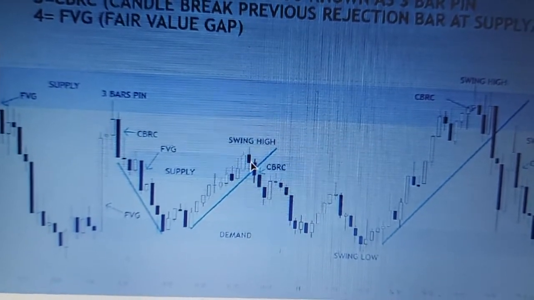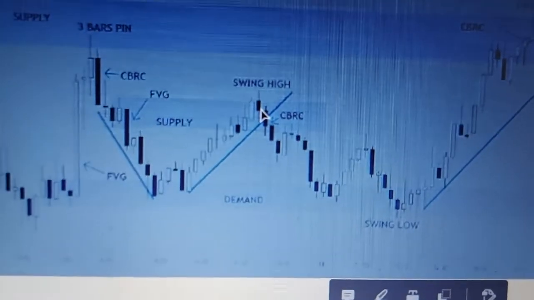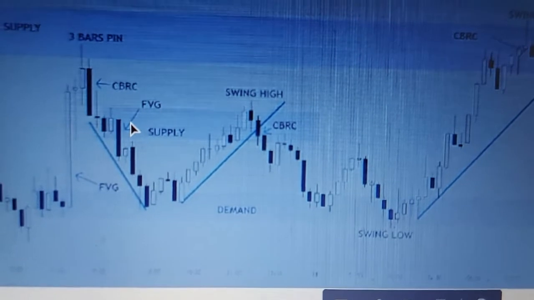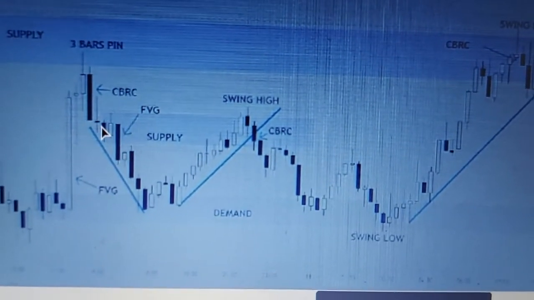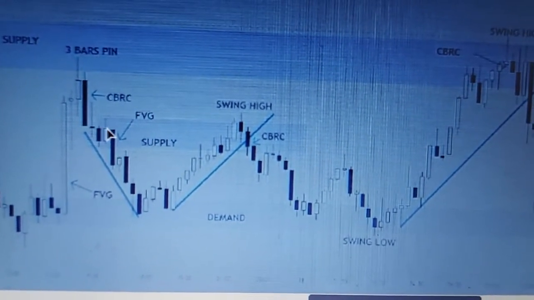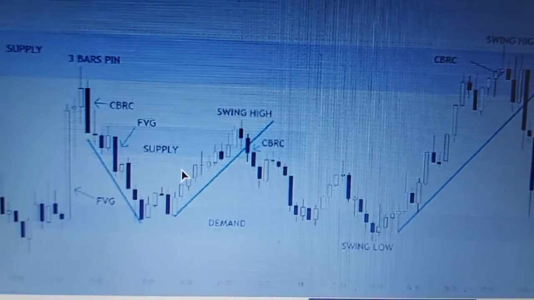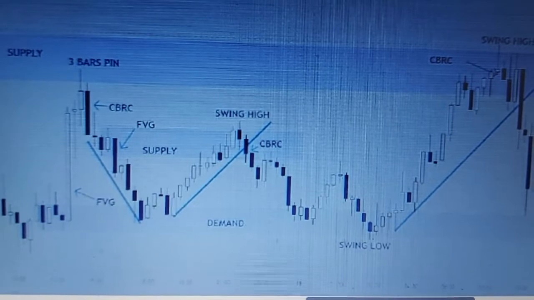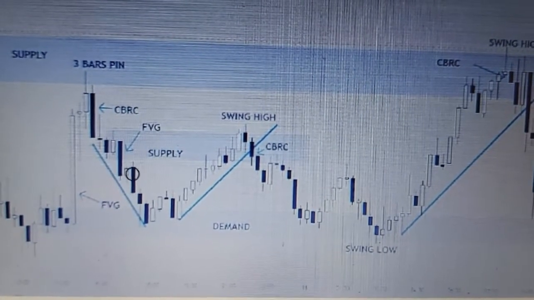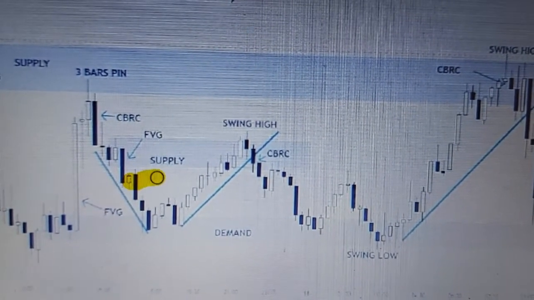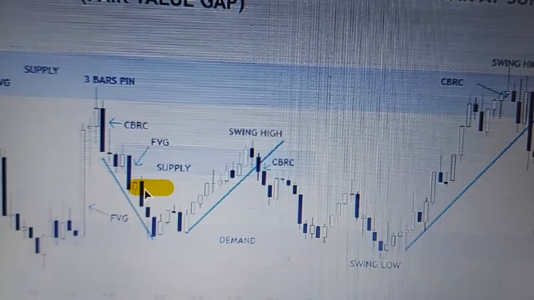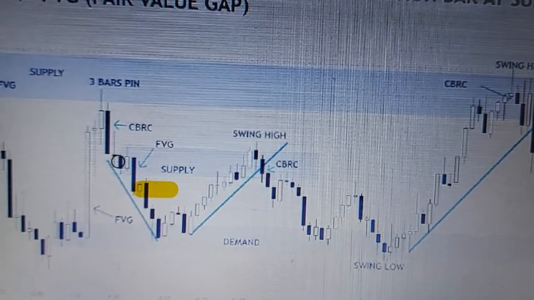But once the price reached here, I want to tell you about two very important things. You might be wondering why I have taken this area as a supply zone and not this area. Let me mark it. You would be thinking why I haven't selected this area as a supply zone instead of this one.